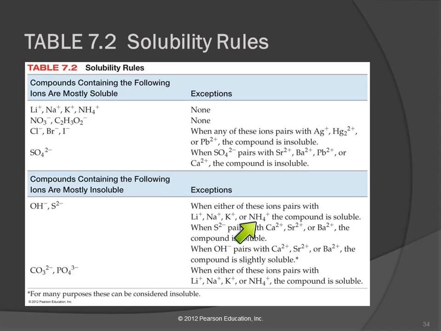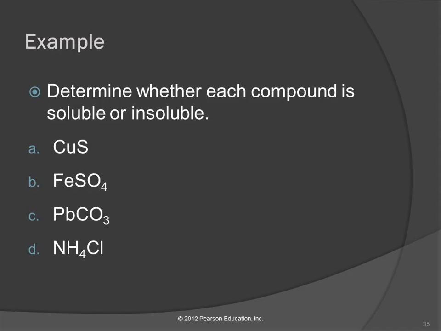I'm looking for copper. Calcium is a lot like copper, but it's not copper. Calcium, strontium, barium. Okay, so I don't see copper sulfide as being an exception. So copper sulfide is insoluble. If you put copper sulfide in water, it's not going to dissolve.